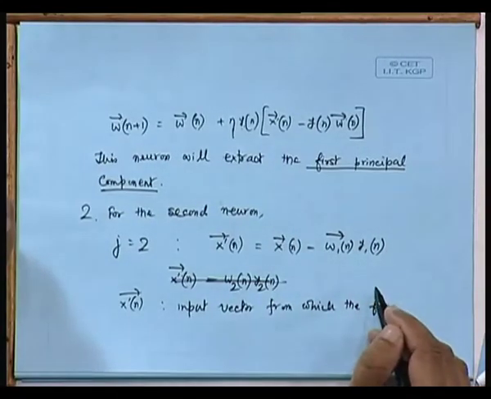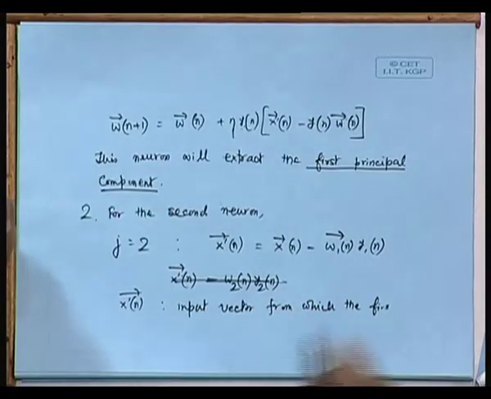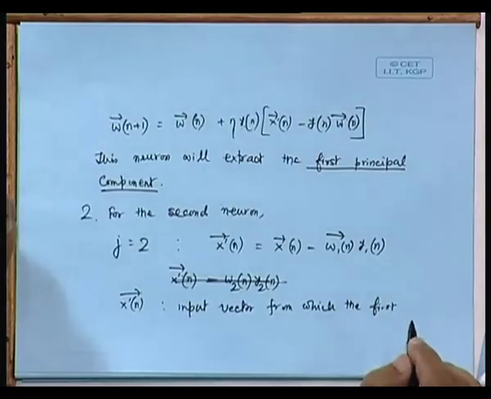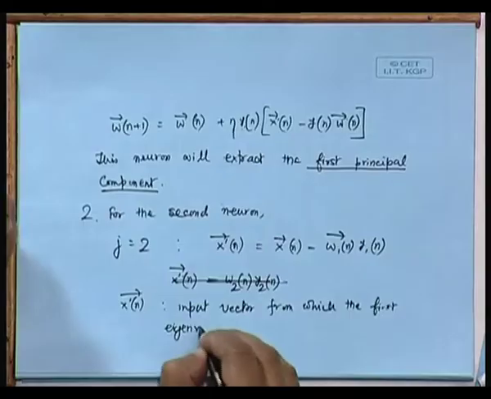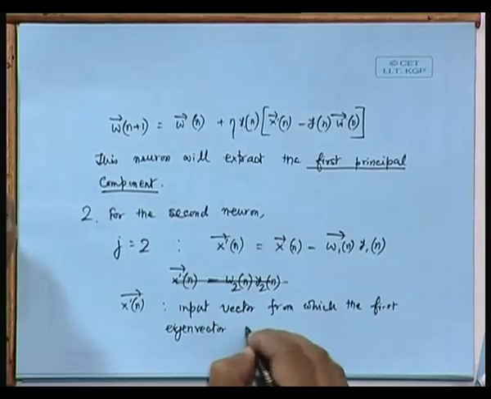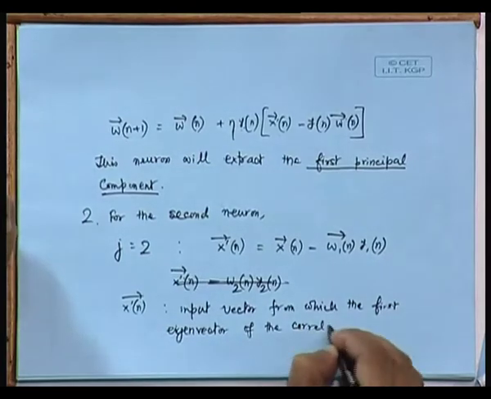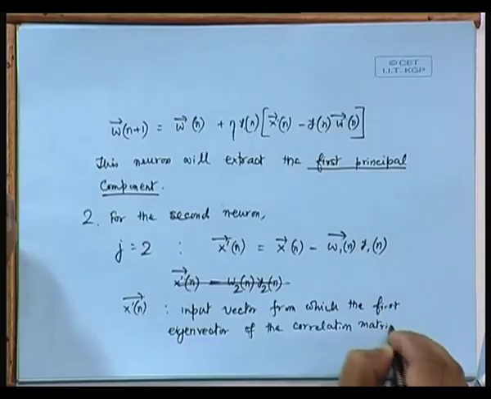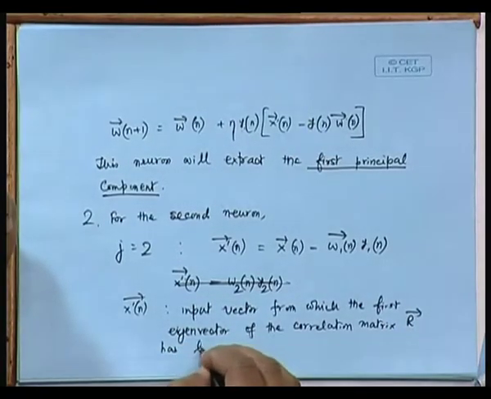So, x prime n now becomes a modified input vector from which the first principal component has been eliminated, or rather the first eigenvector of the correlation matrix has been removed.